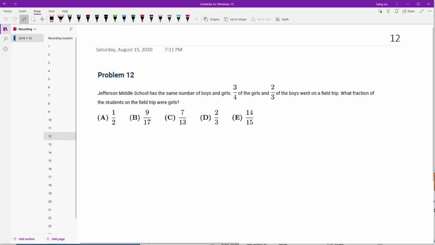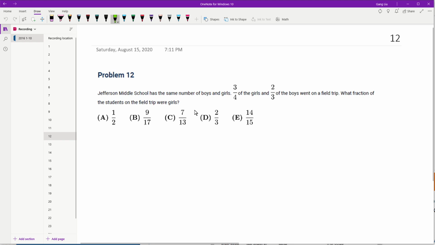Problem 12. Jefferson Middle School has the same number of boys and girls. 3/4 of the girls and 2/3 of the boys went on a field trip. What fraction of the students on the field trip were girls?